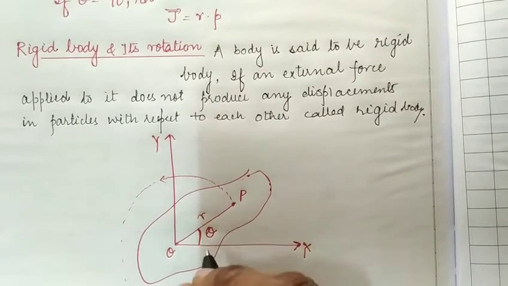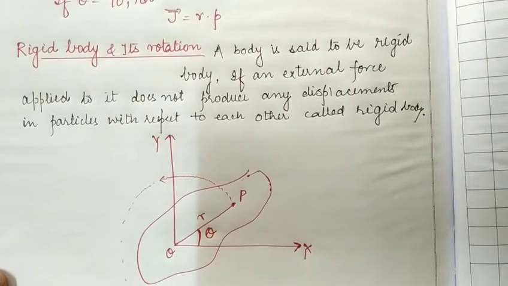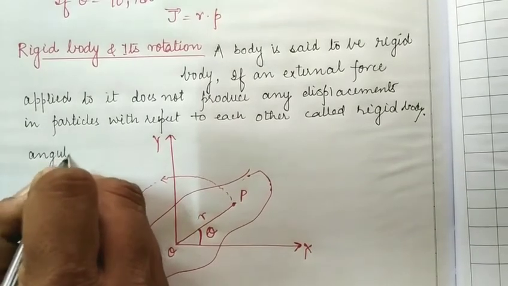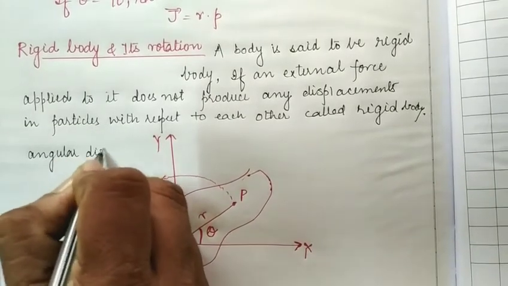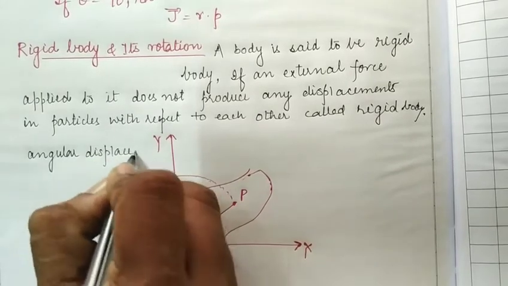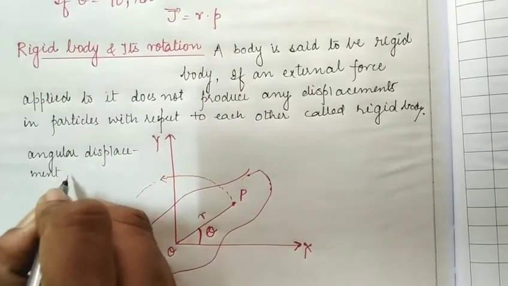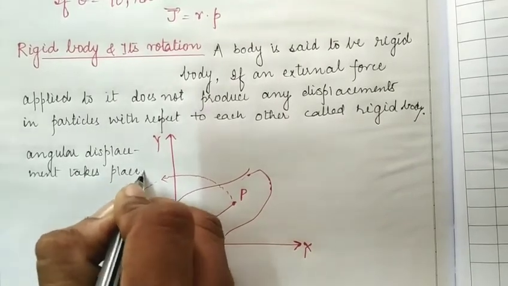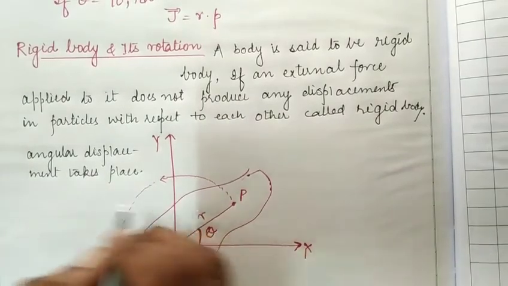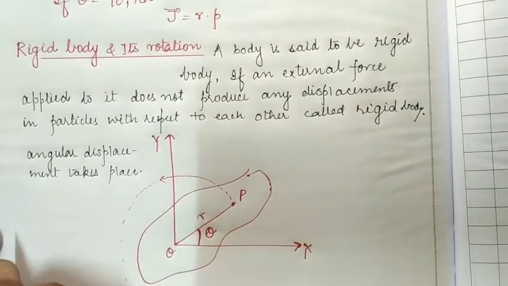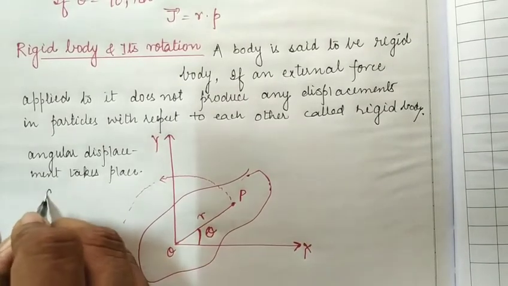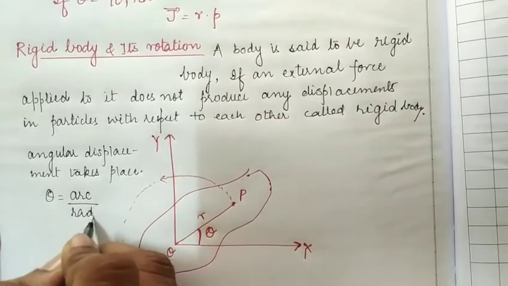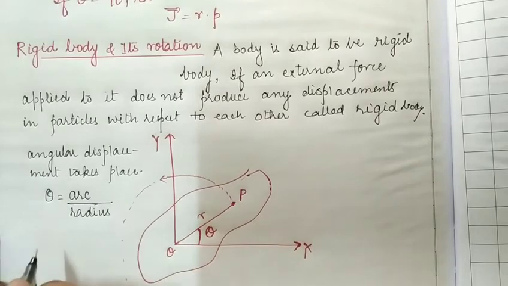Okay students, so for this we can write that angular displacement takes place. As we know, angular displacement theta is equal to arc upon radius.